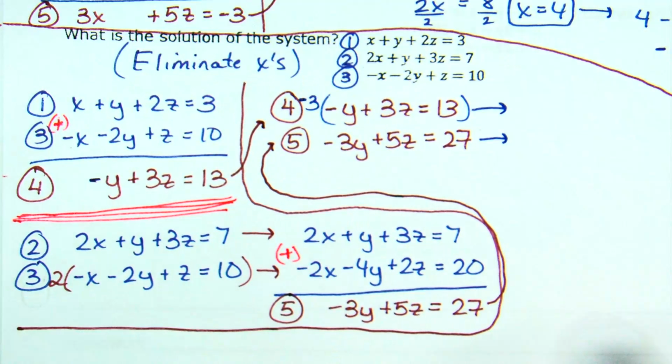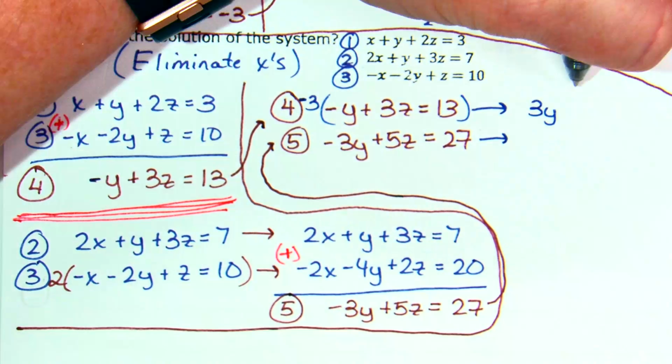Equation 4, when I multiply it by negative 3, becomes 3y minus 9z, oh no, equals negative 39. Equation 5, I'm going to carry over as is, negative 3y plus 5z equals 27.